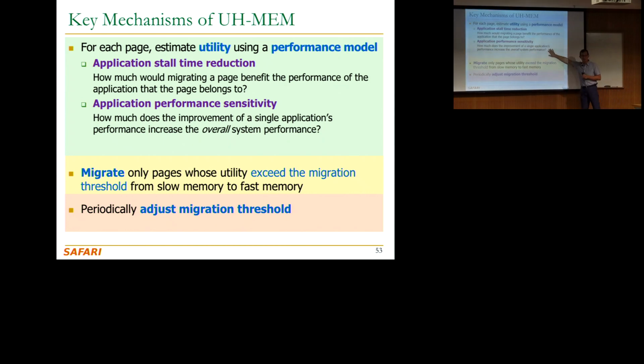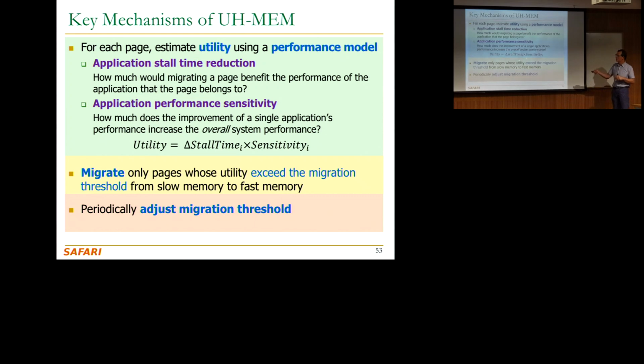Assuming that all the applications are equal, you need to have a performance metric, and you're optimizing that. If all applications are not equal, of course, then maybe you prioritize some applications, right? So basically, this is the utility metric. We have an estimation of the delta stall time reduction that you would have if you migrated this particular page that the application is trying to access, times the sensitivity of the system performance to this application's performance at that point in time.